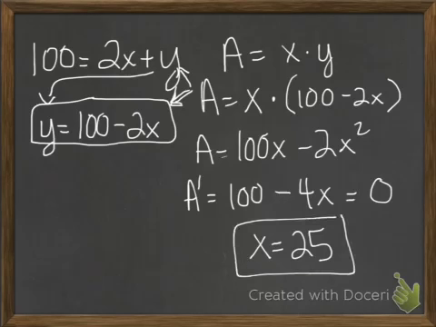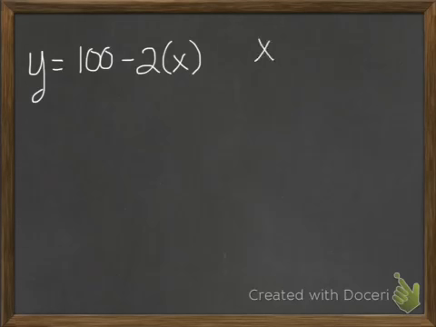Now what we're going to do is use this and find out what y equals. And to do that, we're going to plug it back into this equation. So what we have basically is y equals 100 minus 2x. And we know that x is 25 because we found out the critical value.